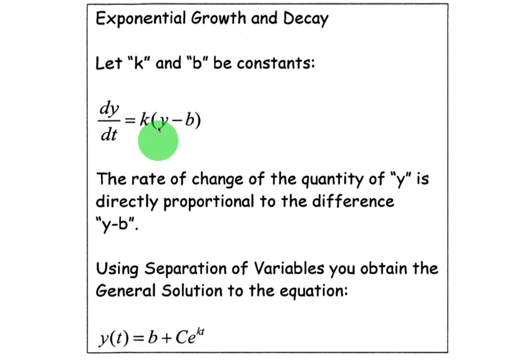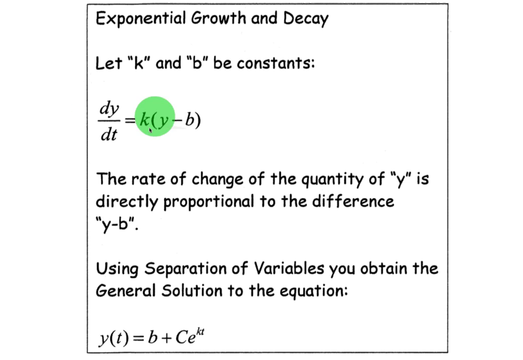In the future, if you take Calculus 2, you will study what's called altered exponential growth and decay. Now, exponential growth is the differential equation dy dt equals ky. With altered exponential growth and decay, the y is subtracted by b.